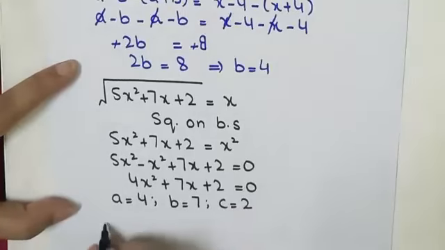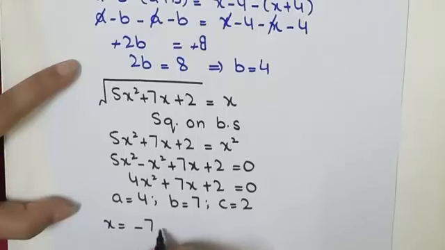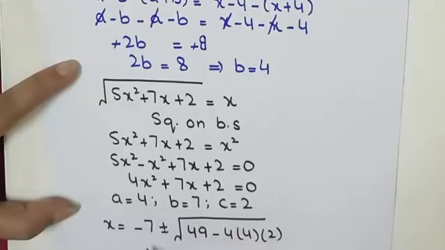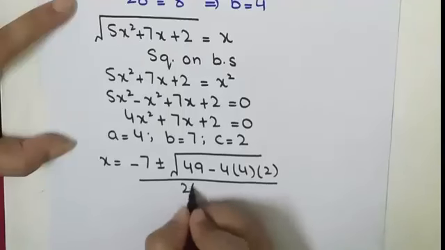We will apply the quadratic formula, which is minus b plus minus the square root of b square, which means the square of 7, minus 4ac, divided by 2a.